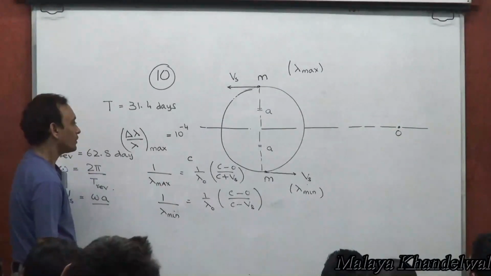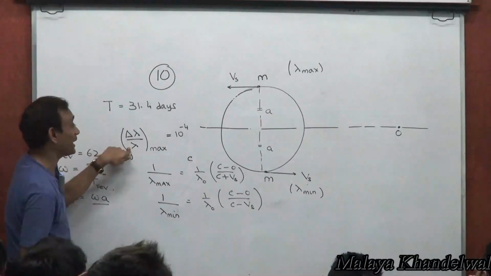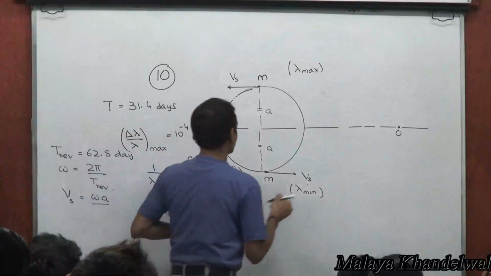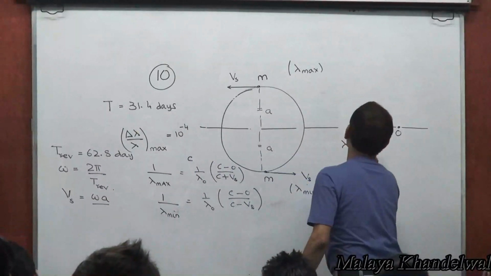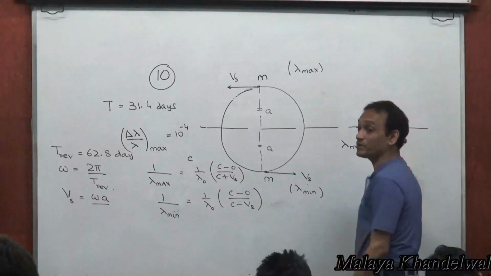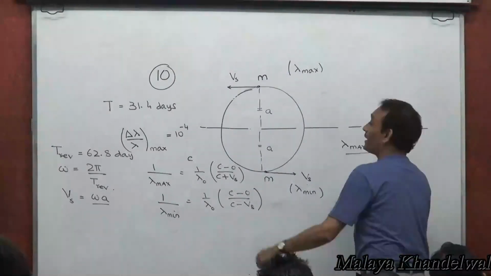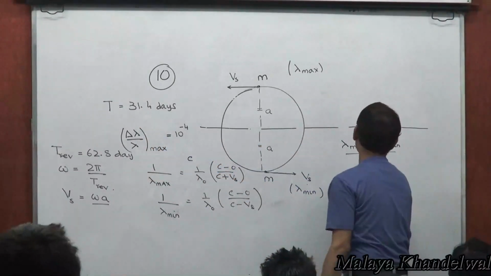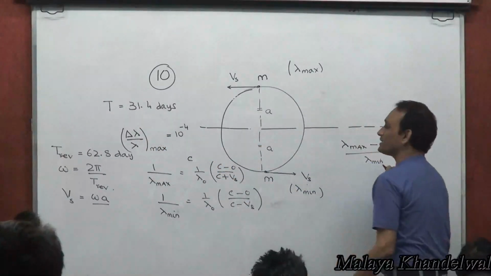Now delta lambda by lambda, the maximum value of this, is going to be delta lambda as lambda max minus lambda min, that's the maximum difference in lambdas, divided by lambda min, so that this ratio is maximum. Yes or no? You realize what I'm saying?